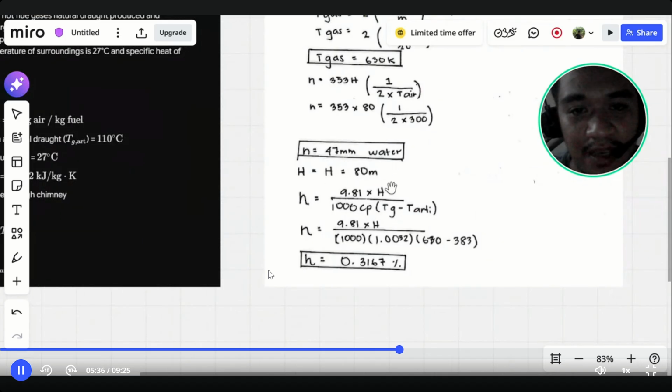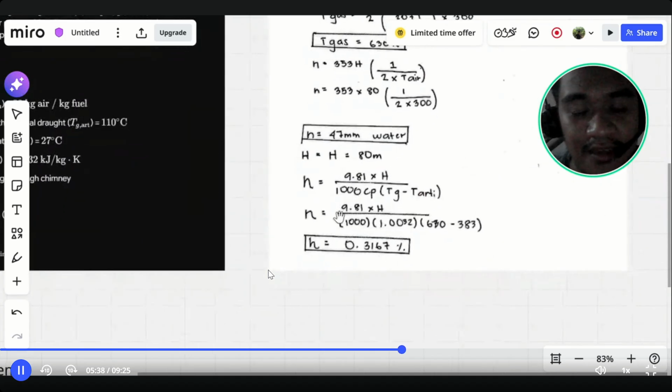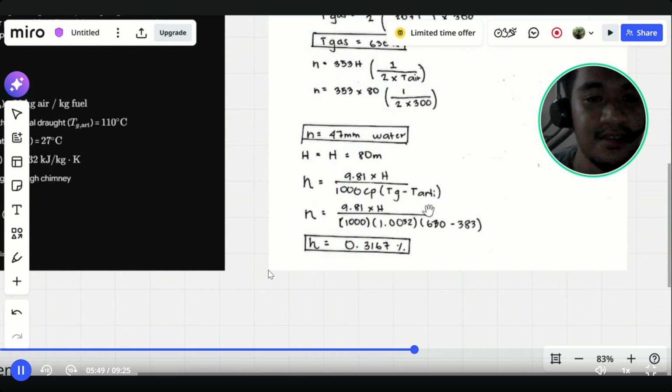For the height we have 80, and gravity of 9.81, so times H, then 1000 C_P (T_G minus T_R), which is the air, not the other. Then 9.81 times H over 1000 times 1.0032, then times 370 minus 383.